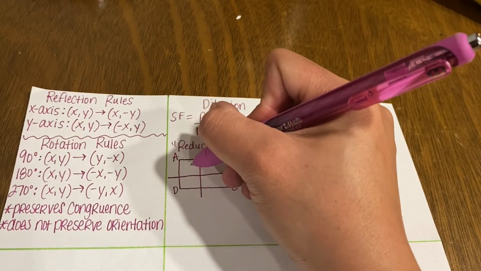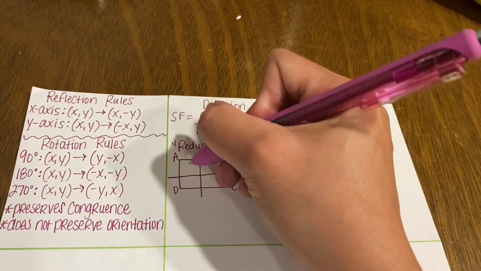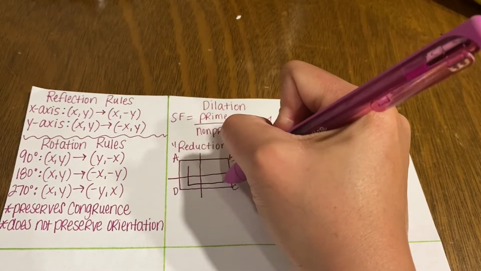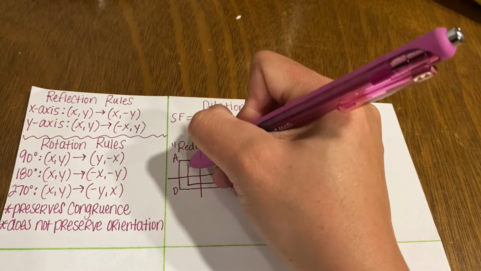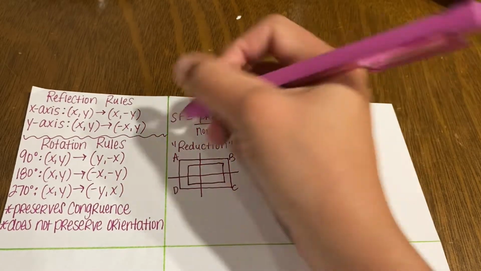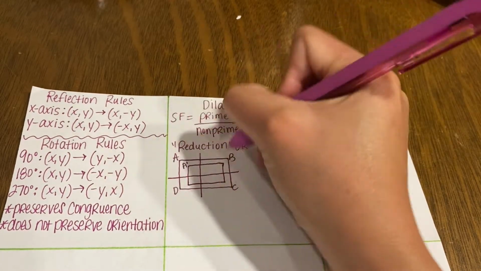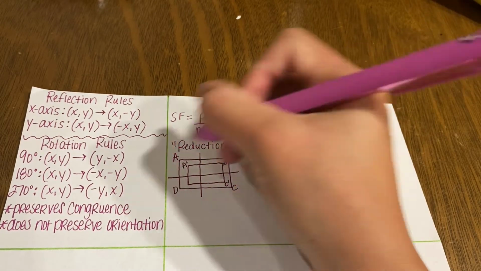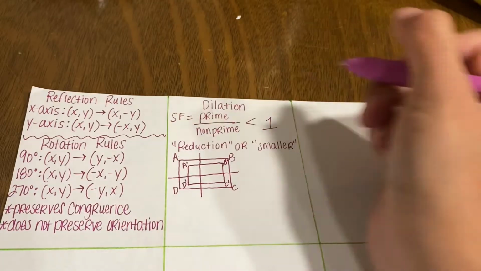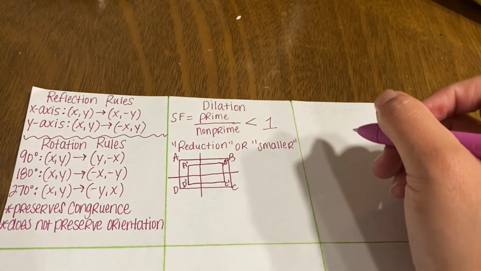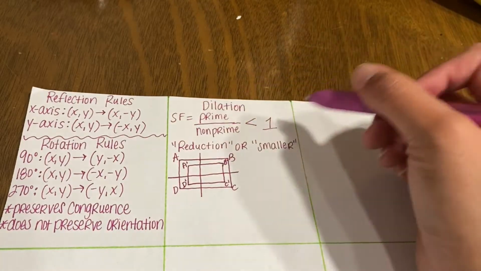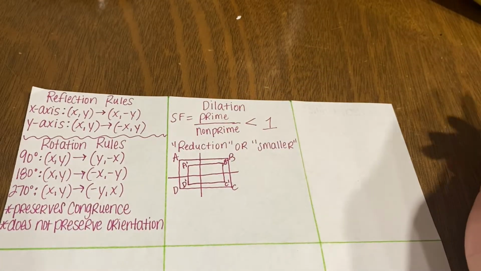So I'm gonna draw a rectangle that's inside of this rectangle, but a little bit smaller. And I'm gonna label it A prime, B prime, C prime, D prime.